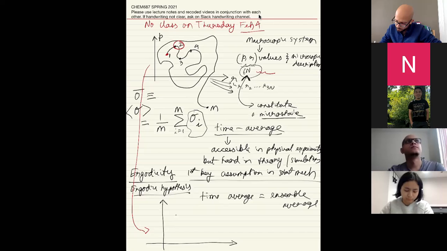I will start one trajectory from here, one from here, one from here, and so on and so forth. And instead of calculating an average over a very long time, I will just calculate the average of O from this trajectory, from this trajectory, from this trajectory, and average all of them together. That's the idea.